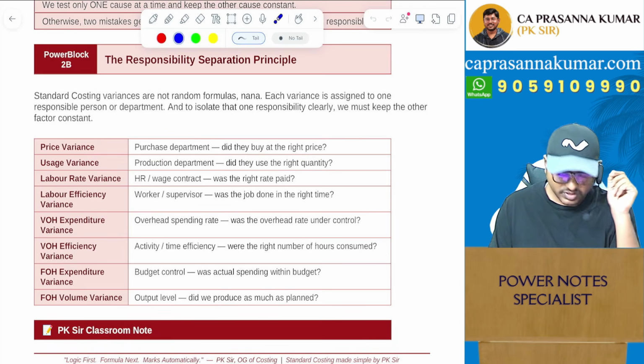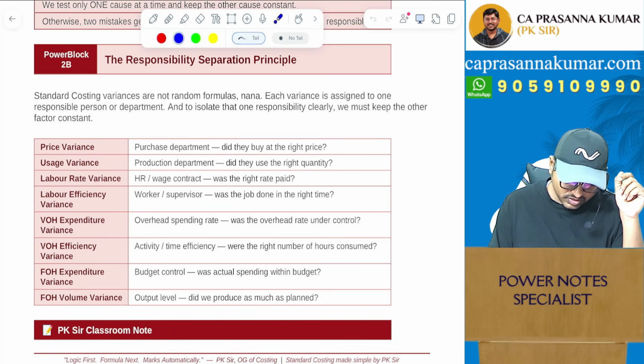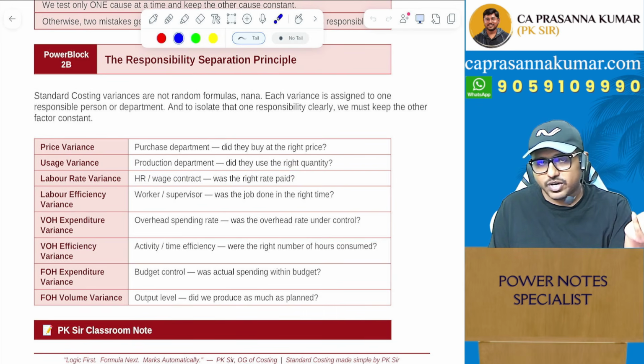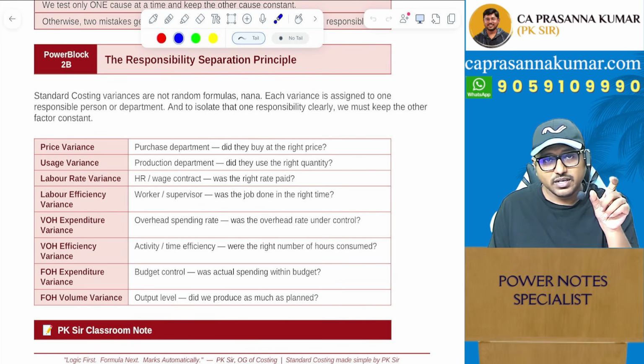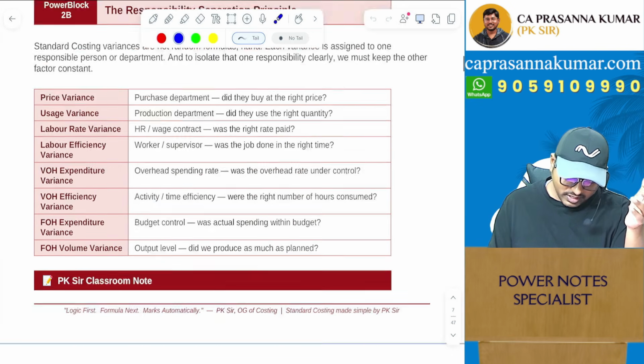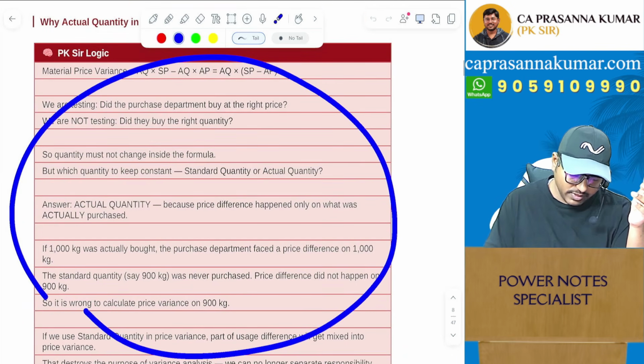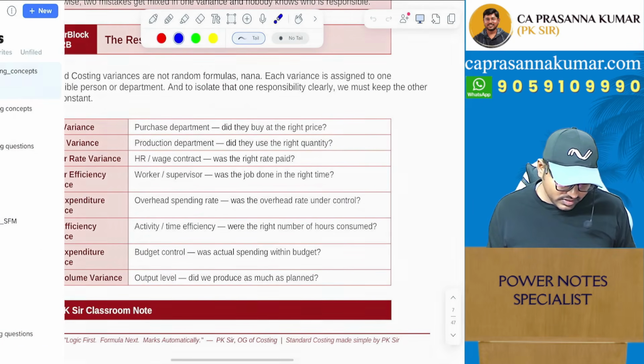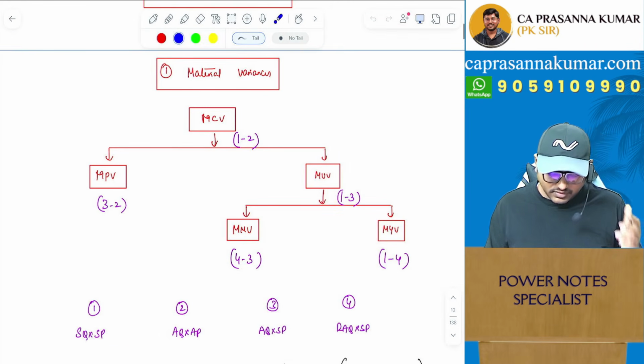Therefore, you'll see the difference in price. Same goes with usage variance. Production department, did they use the right quantity or not? Therefore, the focus will be on quantity and price will remain constant. And why that price will remain constant, those logics also I've explained over here. So my material is purely based on logics, but the point is when it comes to the revision, we don't have that time.